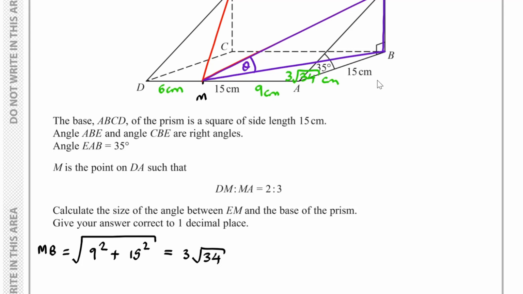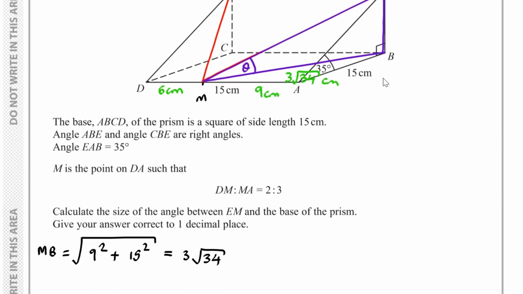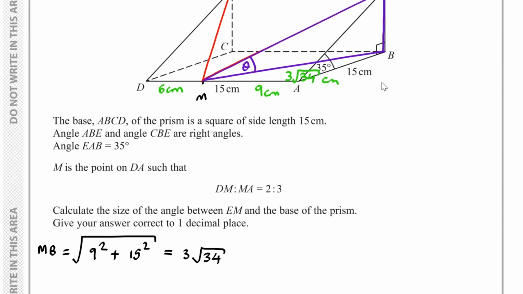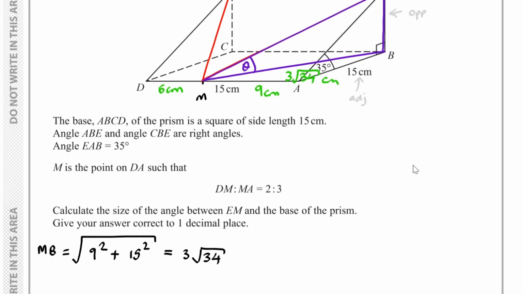Okay, we can now find out the length EB using trigonometry. If we consider the triangle ABE, the 15 over here represents the adjacent. This over here represents the opposite. What connects the opposite to the adjacent is tan.